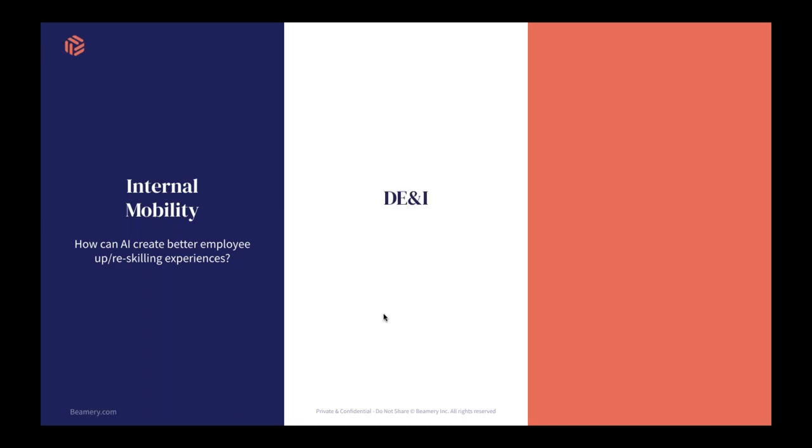The second area is a heightened focus on DE&I. Research from Workplace Intelligence, which I think is a New York City-based HR research and advisory firm, showed that 70% of job seekers said they want to work for a company that demonstrates an explicit commitment to diversity and inclusion.